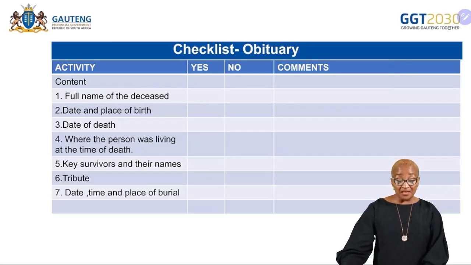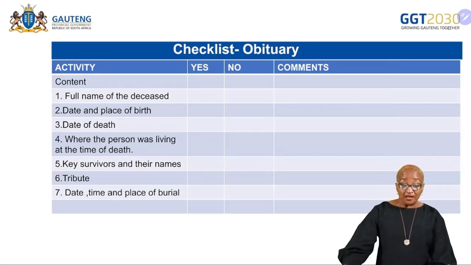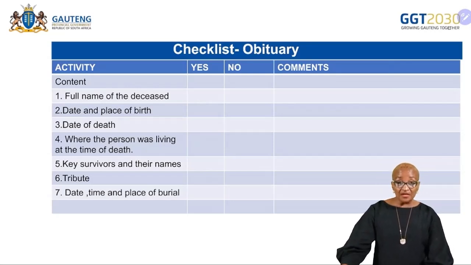The most important thing is that it needs to be completed and comments must be written. Like for instance, if you have just named the key survivors, but you haven't said anything about the tribute, or if you have not given the place of burial, you only gave the date, the time, that can be put in the comment.